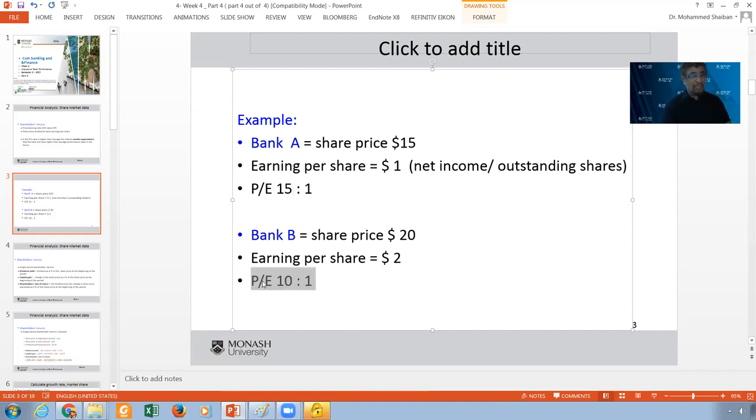So what happened is that the earning per share is still 1 and 1, but investors see something in Bank A that is growing in the future. This is why they are willing to pay 15 now, expecting a growth and expecting the earning per share to be higher in the future. So this is the first concept.